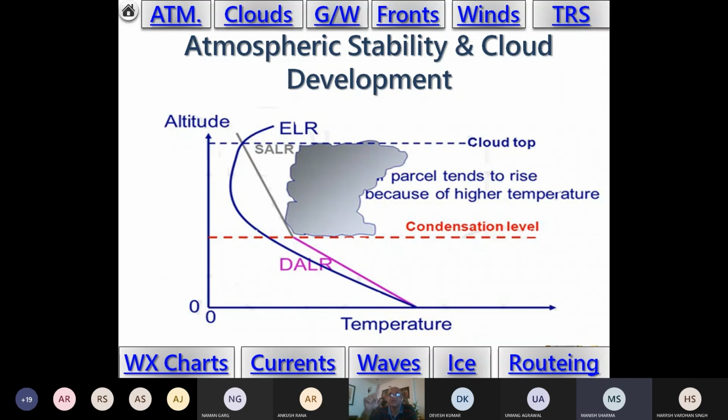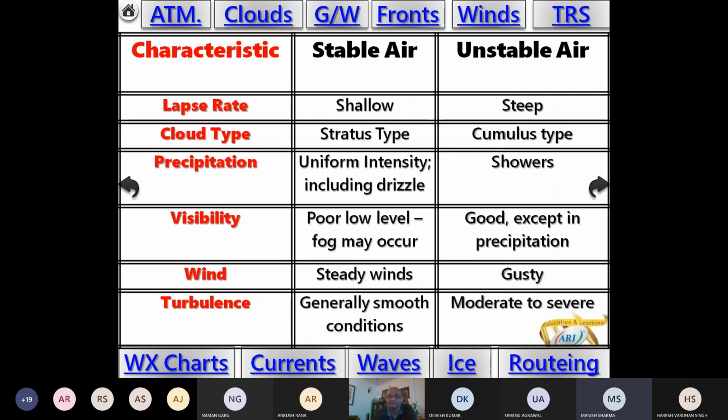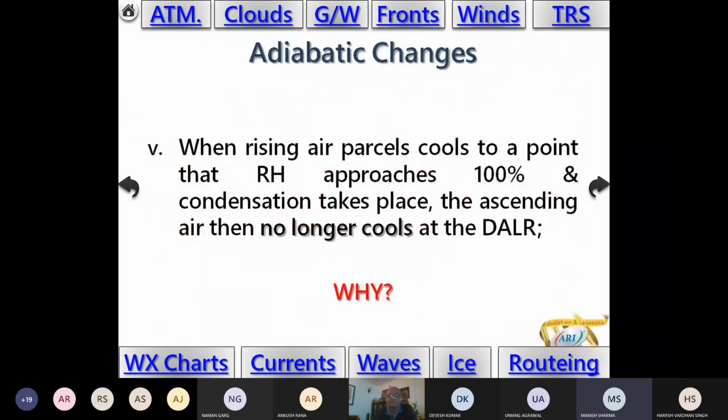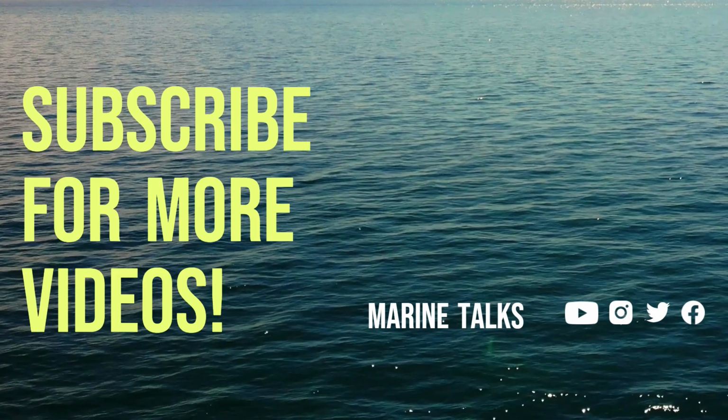Okay, sir. Because the rule is, we compare the present air with the surrounding and not the other way around.